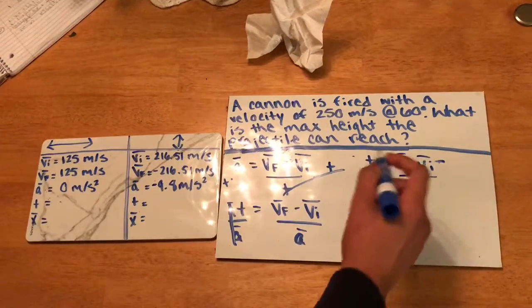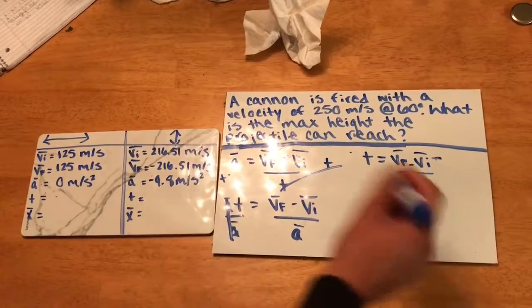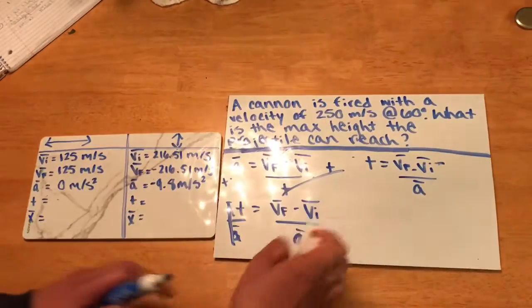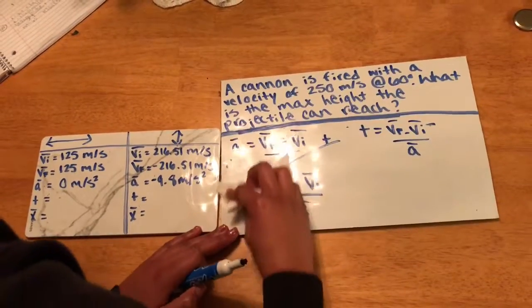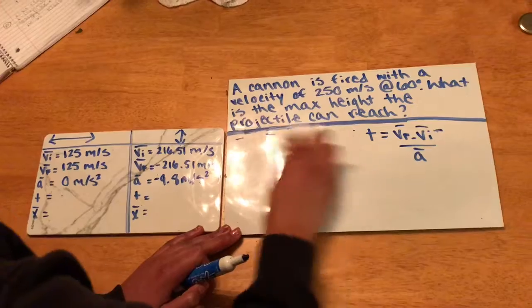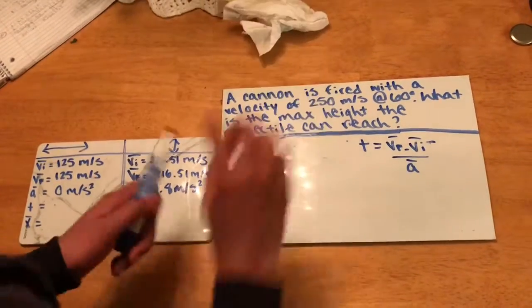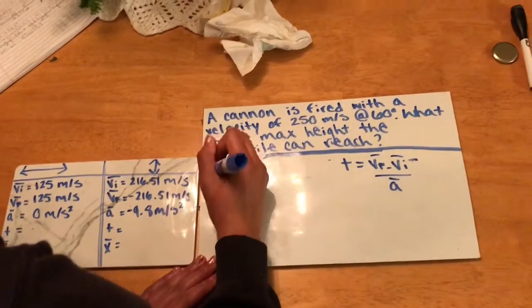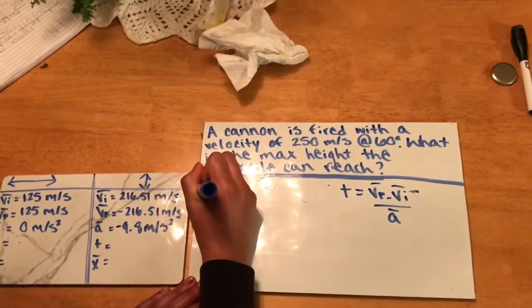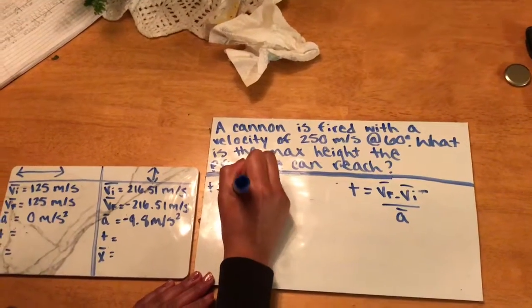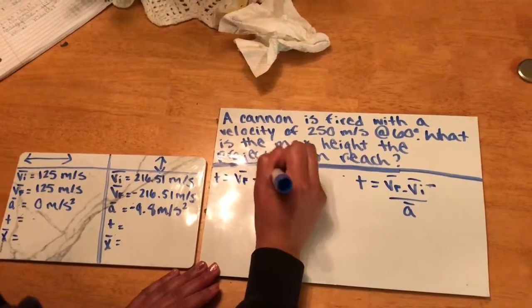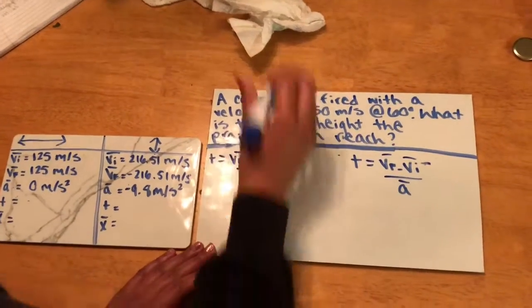So that's going to be our new equation. Now we can start substituting in these values for this. I'm going to clear it off so that we have some more room. And I'll write this equation over here. So once again, our new equation is time equals final velocity minus initial velocity over acceleration.